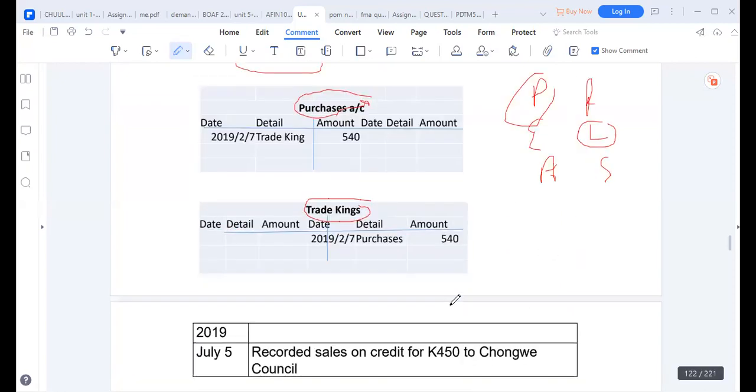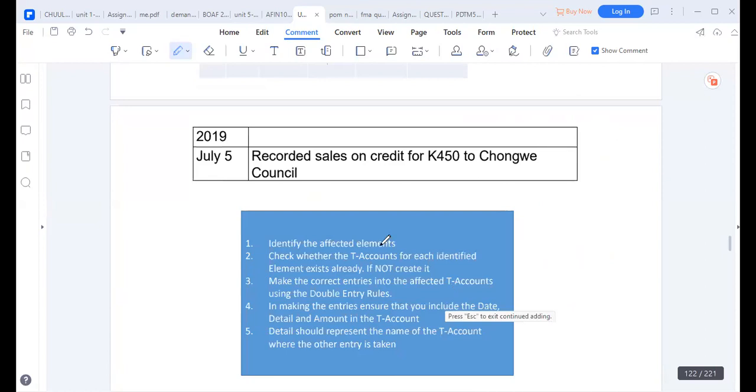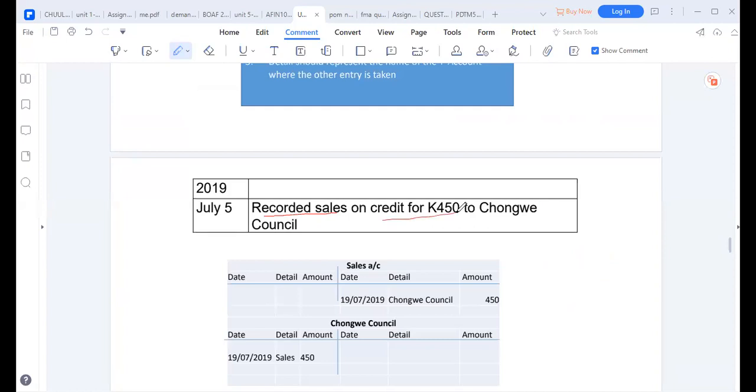Let's go to another record. We're told that we recorded sales on credit, 450 from Chongwe Council. So there are sales that we had, and there's Chongwe Council. Now, who's Chongwe Council? Chongwe Council is our debtor because they were buying from us on credit. So our debtors always have a debit balance.